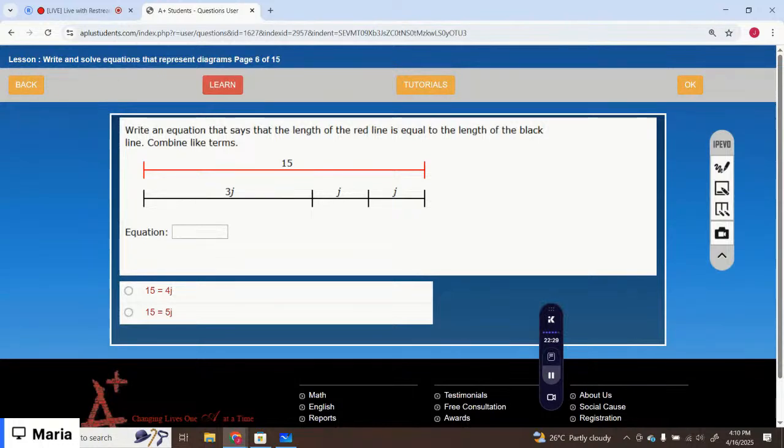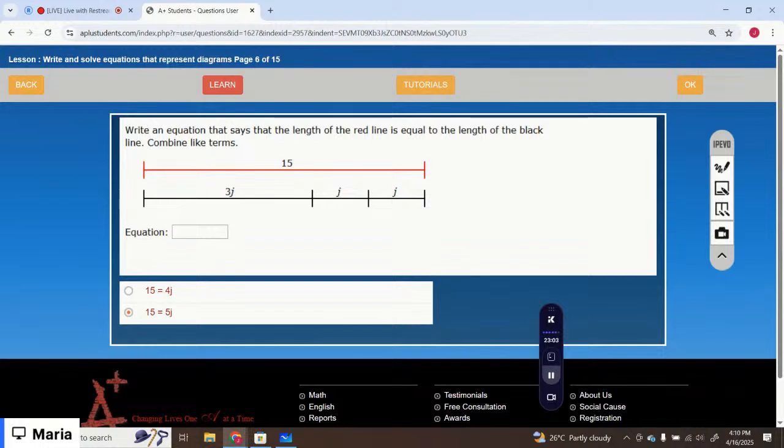Write an equation that says that the length of the red line is equal to the length of the black line. Combine like terms. That is 15 equals 5g.